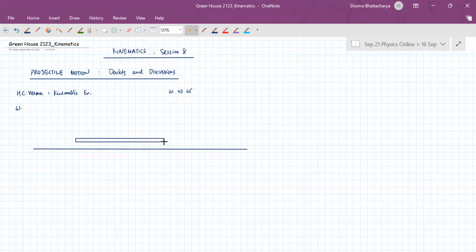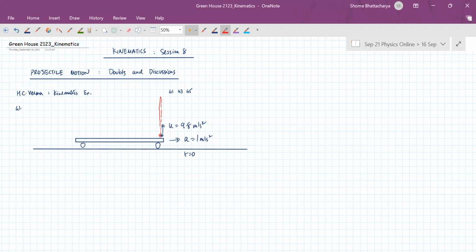Suppose something like this is happening. There's an acceleration of 1 meter per second square, and this object is projected vertically from here at a speed of 9.8 meters per second. So the object goes up and comes down.